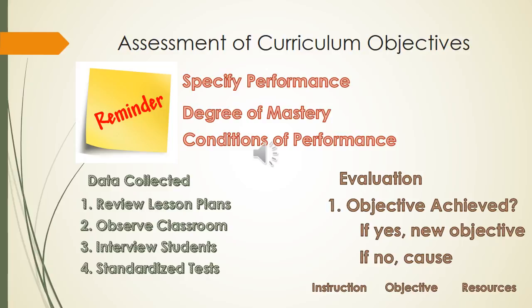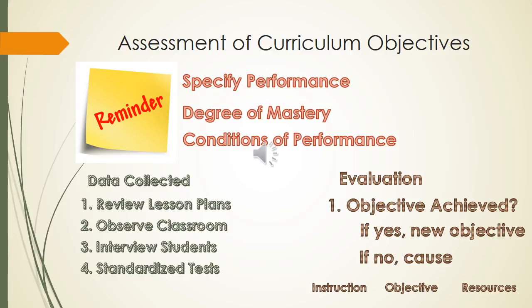And the first round of the data gathering process would be to do this. Does the objective, as it's written, specify the performance that is supposed to be achieved by the end of the time limit? Secondly, does it indicate a degree of mastery?